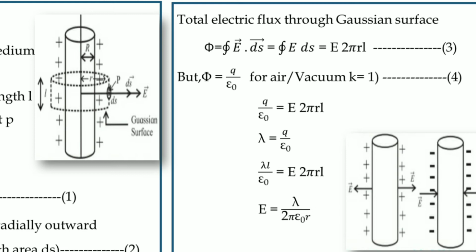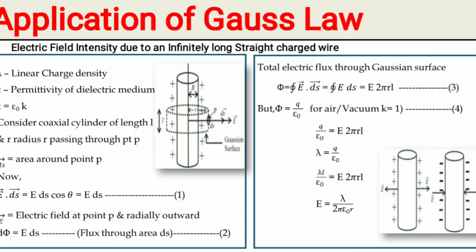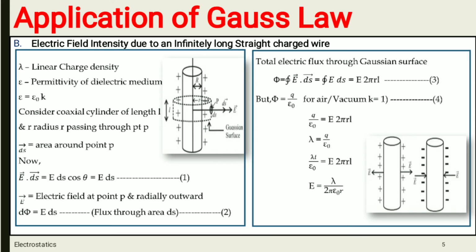Lambda into L. So lambda into L is equal to E 2 pi r L. If you cancel L from both sides and take 2 pi r L to the other side, you will get the equation E is equal to lambda divided by 2 pi epsilon naught r.